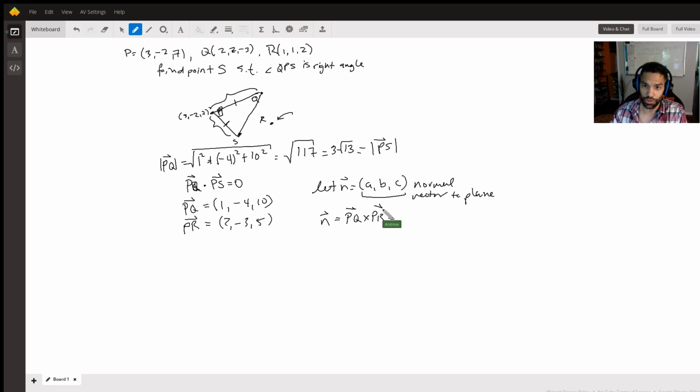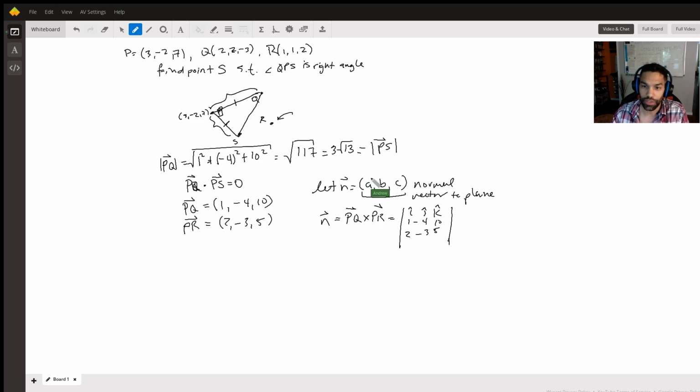And in order to do this, this is the same thing as the determinant of this matrix here, i, j, and k being the unit vectors in the i, j, and k directions. And then we're going to do PQ, which we have the points for right here, which is 1, -4, 10, and PR, which is 2, -3, 5.